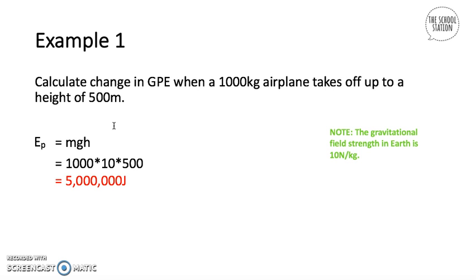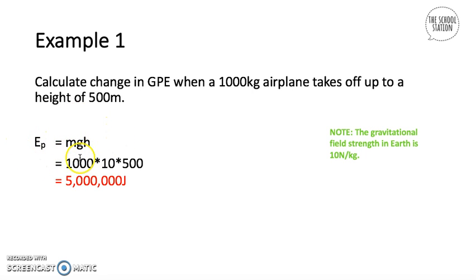And again, as I said earlier, the gravitational field strength is not mentioned in this question because they want you to assume that it is on Earth, and you have to memorize that the gravitational field strength on Earth is 10 newtons per kg. So if I was to work this out, it would be E with a small p, which is how you represent gravitational potential energy, equals mgh.